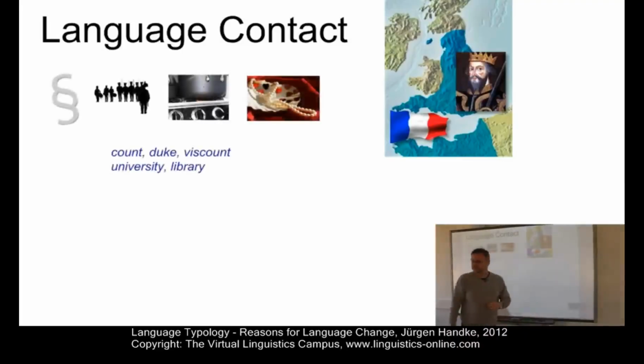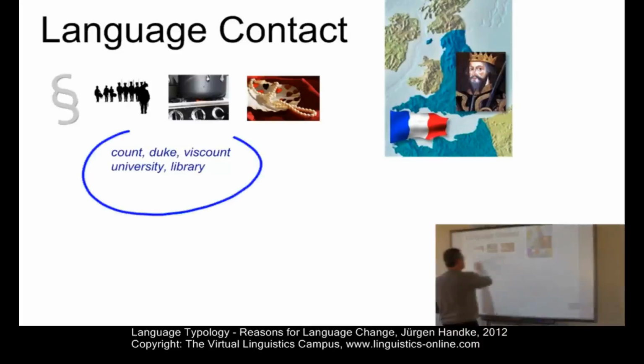For example, after the Norman Conquest, during the early period of Middle English, numerous words from several lexical fields entered the English language, fields such as law or government. Here you see just some of the terms that entered the English language during the early days of Middle English.